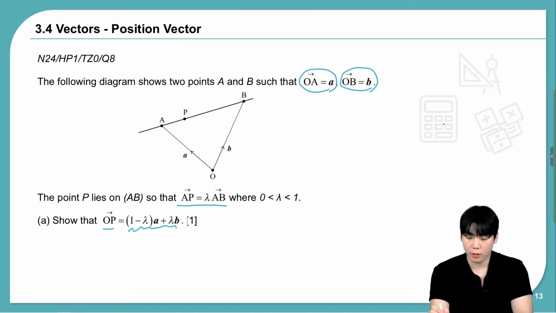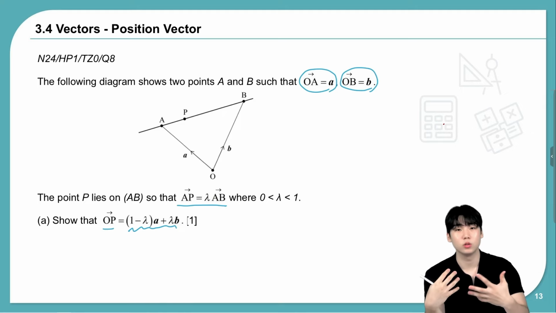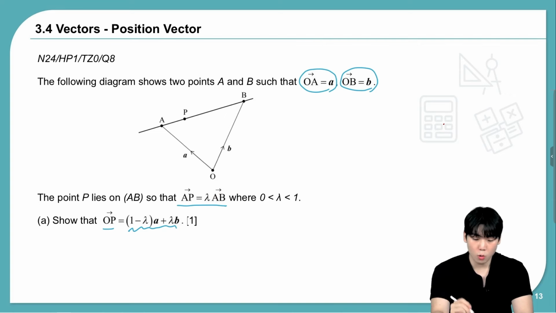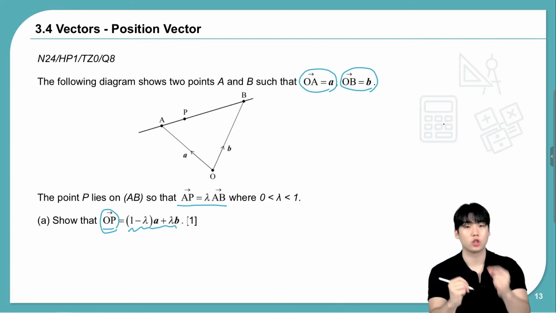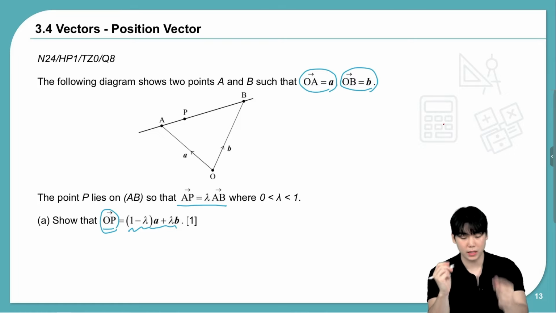So when you're doing vector questions, a vector is very convenient in that it's just finding a route. So OP basically means you start from O and you end at P. So OP, you're basically starting from O, ending at P. That is what?